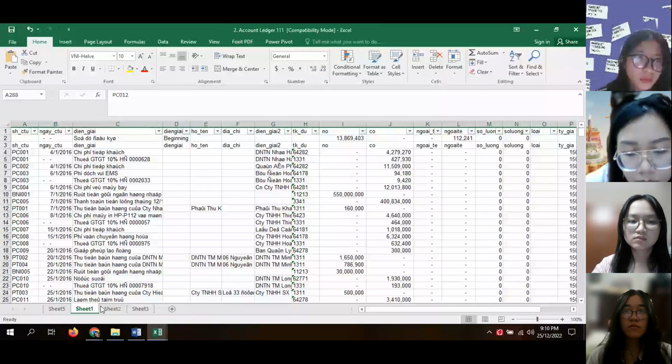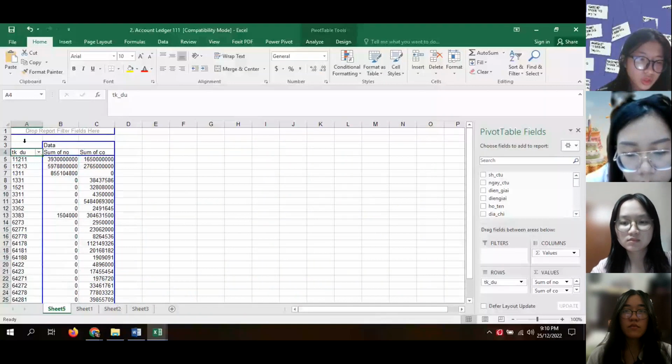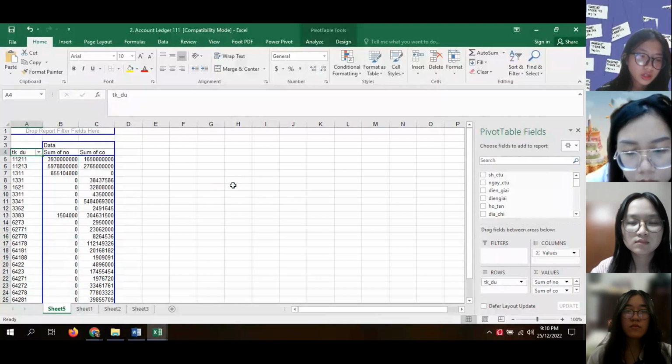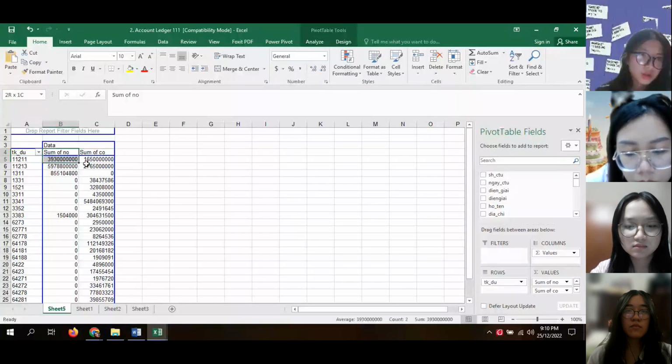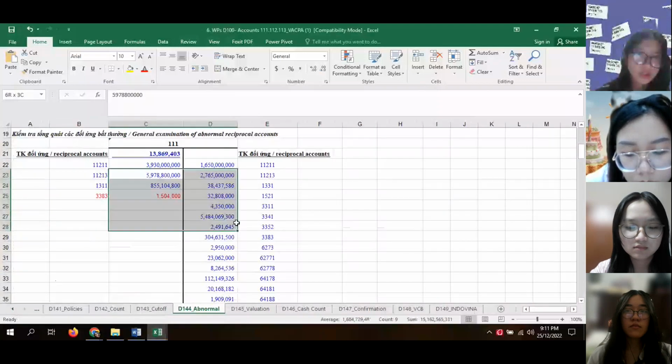I click the pivot table for this to check if the debt had occurred in the month. And it's a sum of debit and sum of credit. We will copy this balance and based on details.